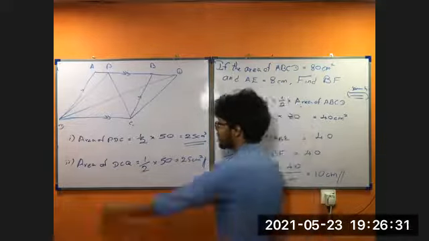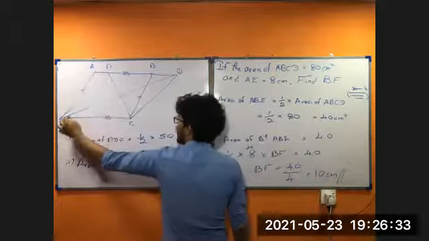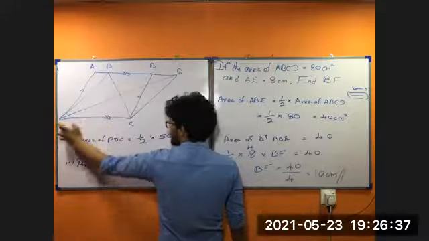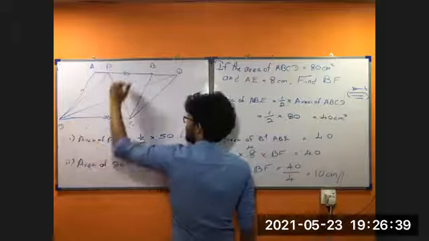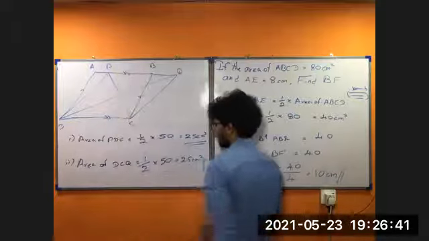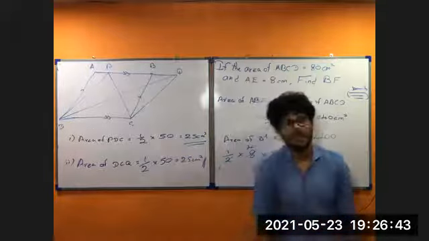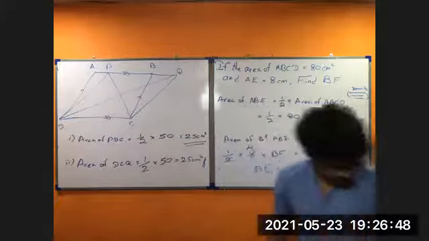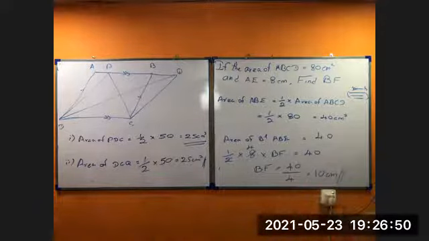So here look, this triangle and this triangle, they have the same base DC and are between the same pair of parallel lines. So their areas are equal, 25, 25. Look how easy, once you're done with the first part, the rest of the parts are nothing, right?